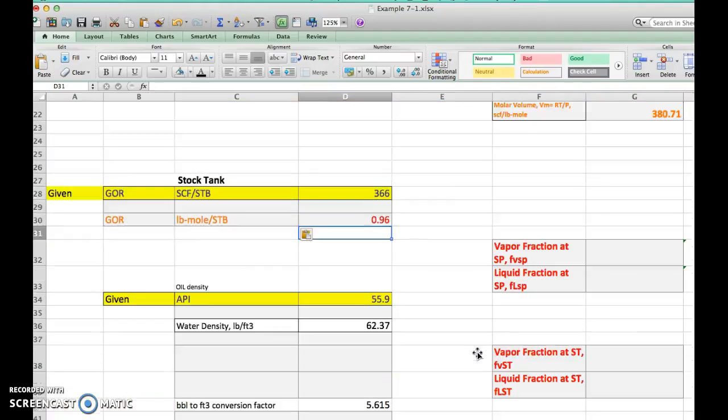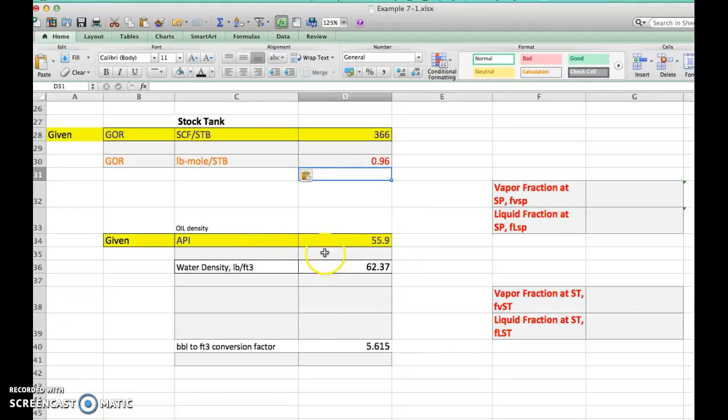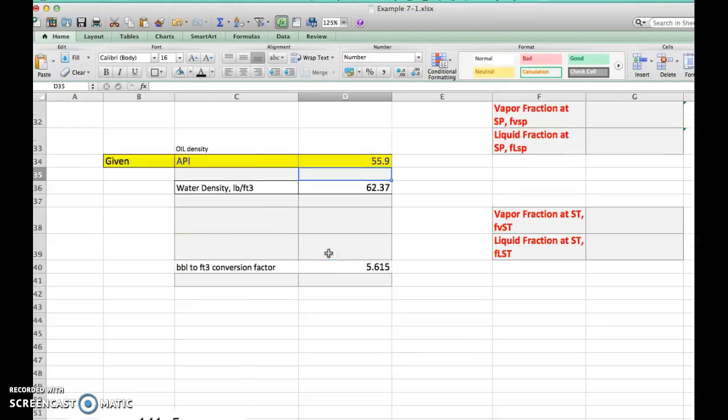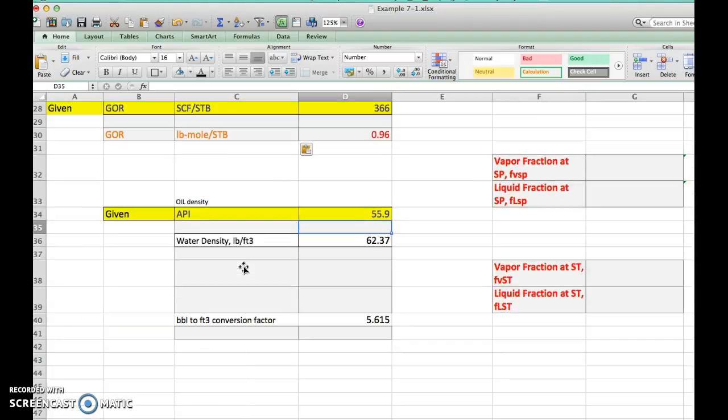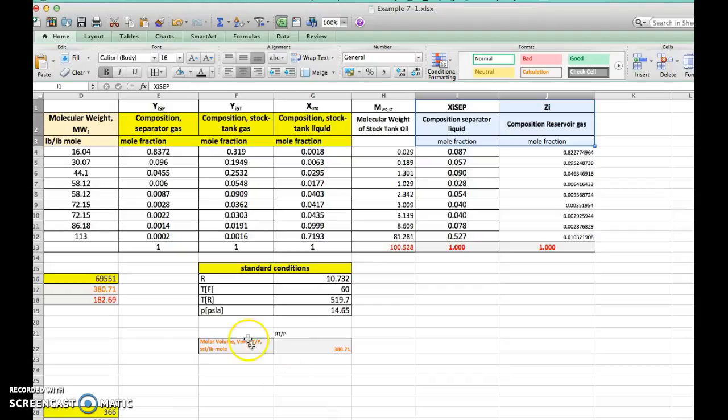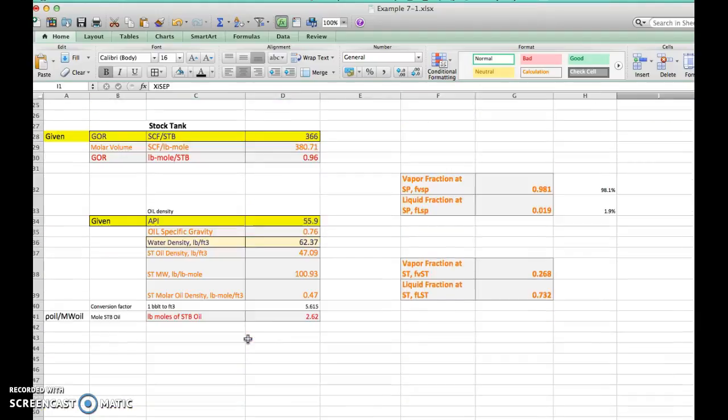To start with that, I have the API, and using the formula of API, which is 141.5 divided by specific gravity minus 131.5, I calculate the specific gravity of oil. I have done this before, so I will just copy paste it.